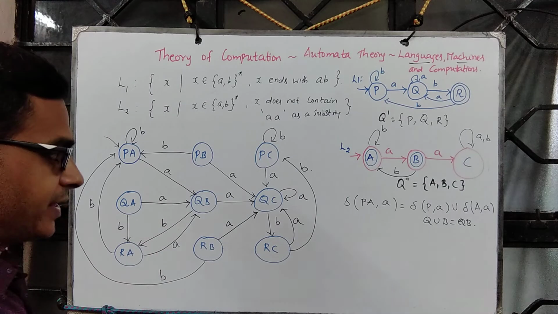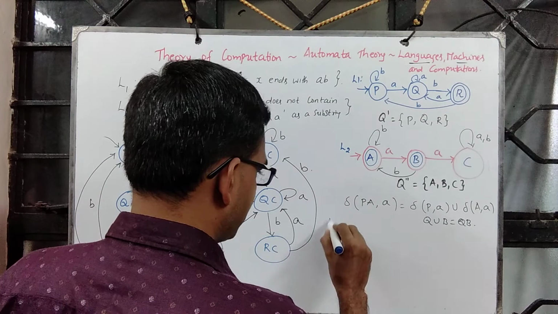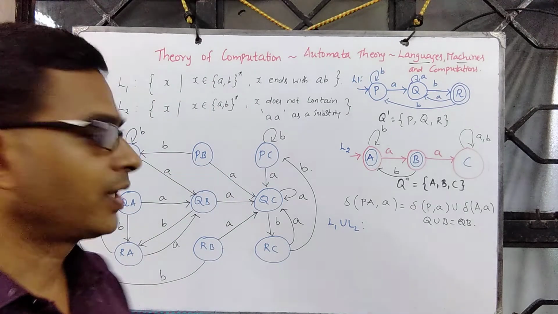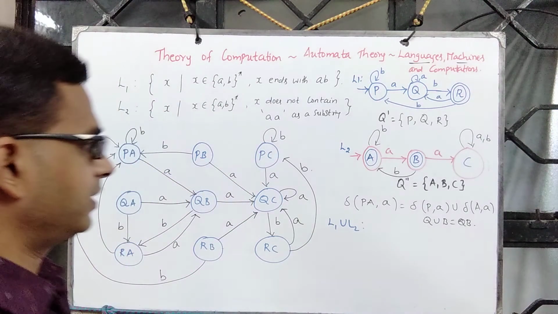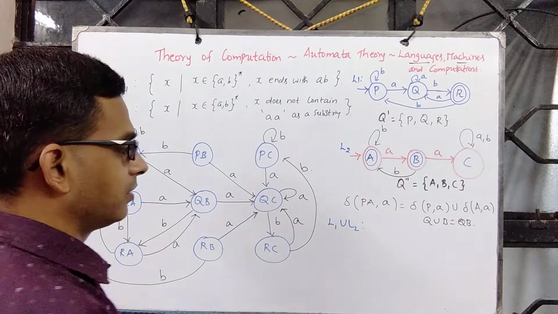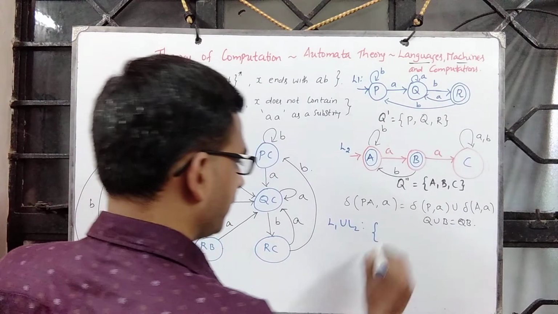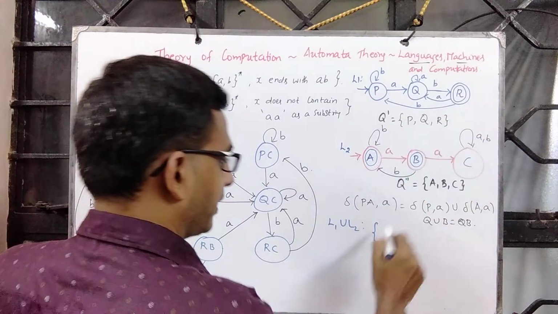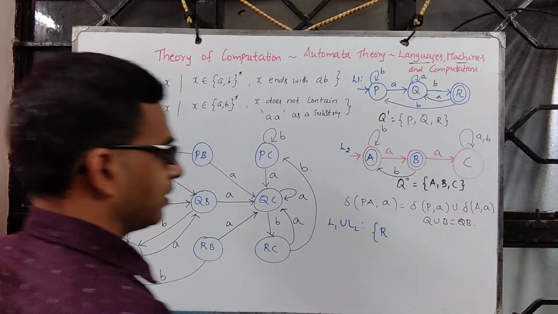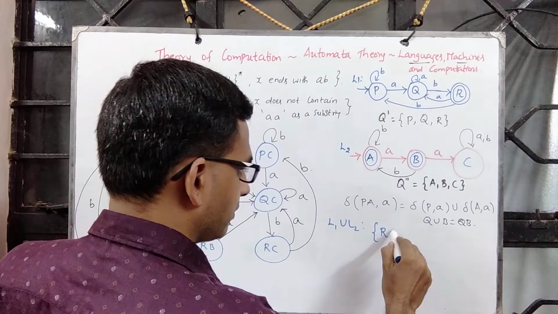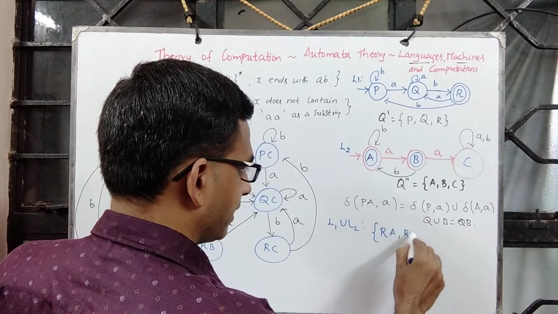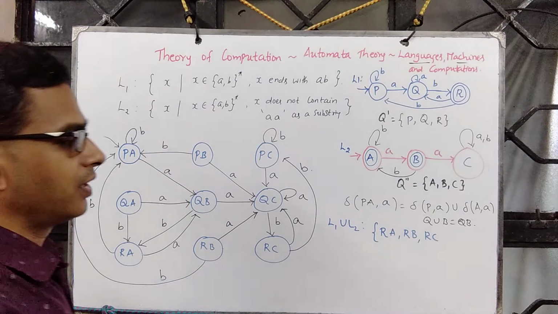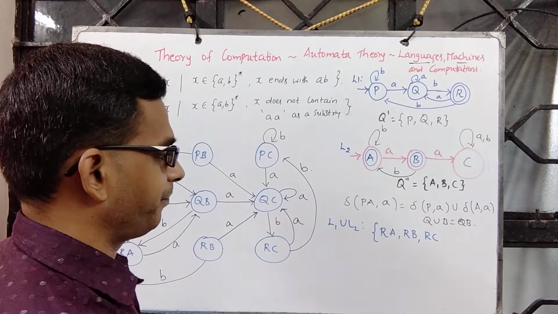Now the final states of this automaton, suppose let me talk about L1 union L2. The final states of this automaton are the following. It is L1 union L2, which means it is R. Over here it could be anything. It could be RA, RB or RC. So this is one possibility.